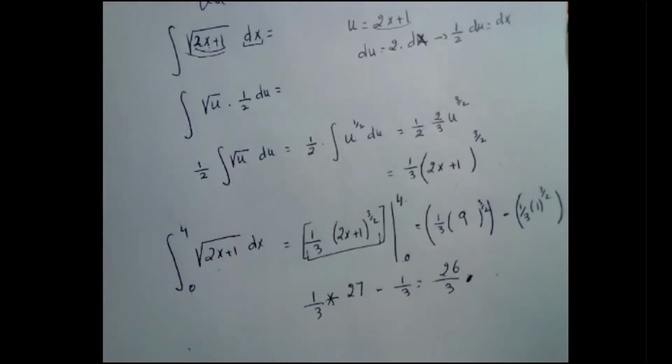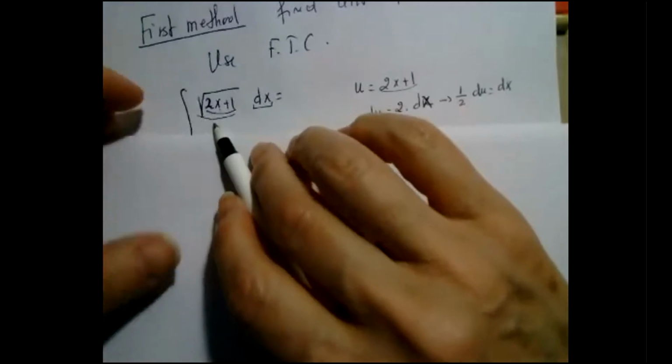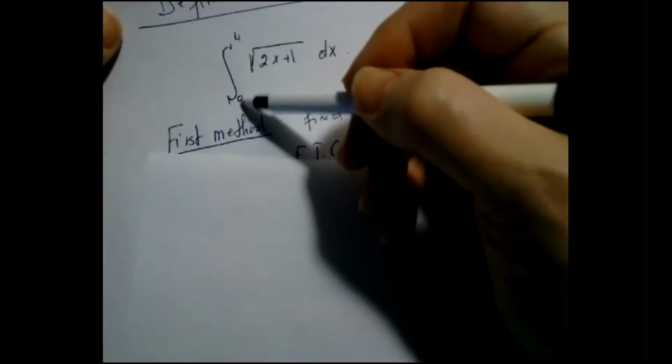All right. The second approach is the same thing with a slight change. We're not only going to do a substitution for what's inside, but we're also going to substitute the limits in terms of u.